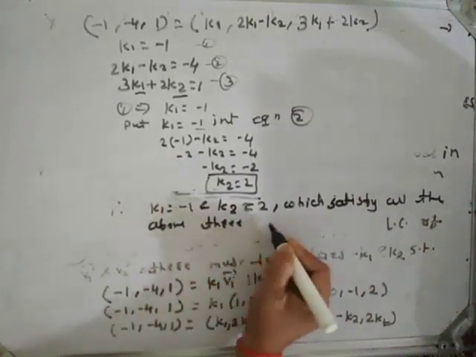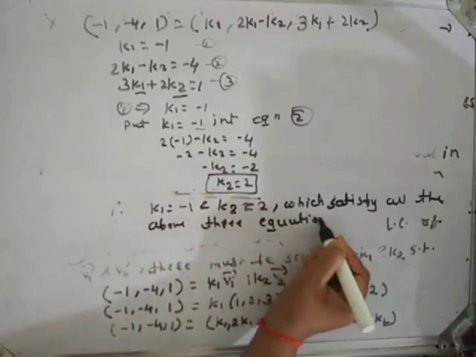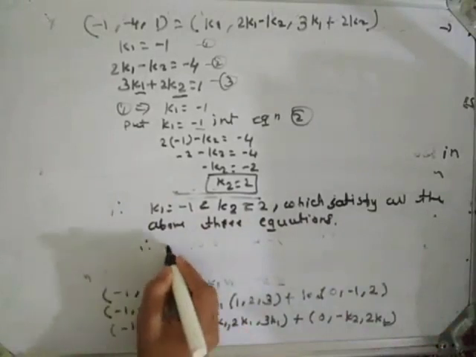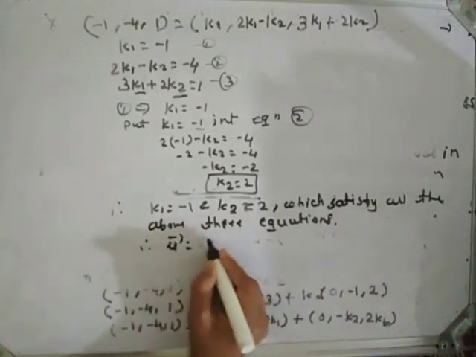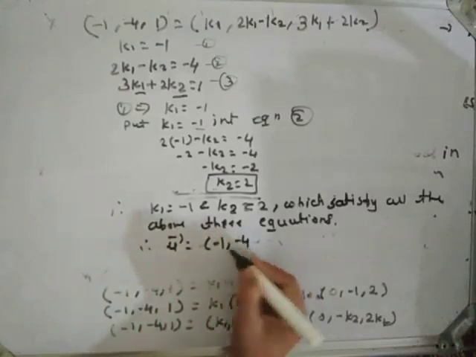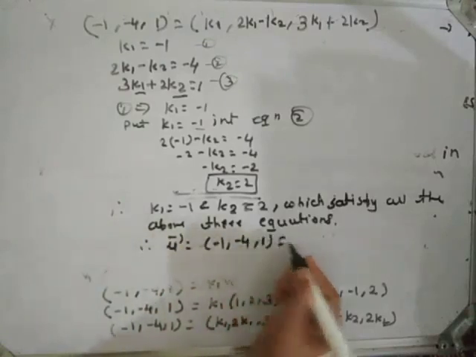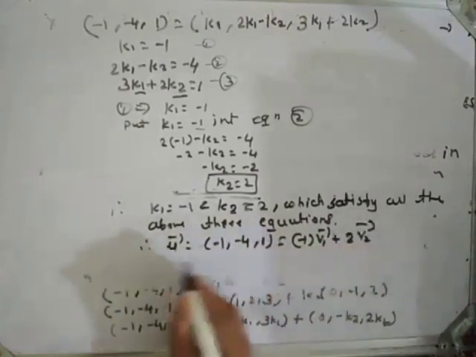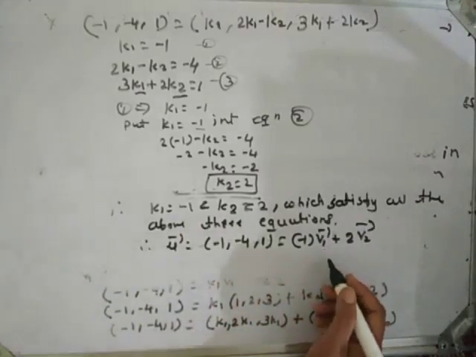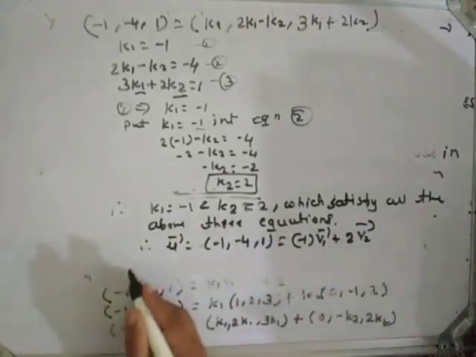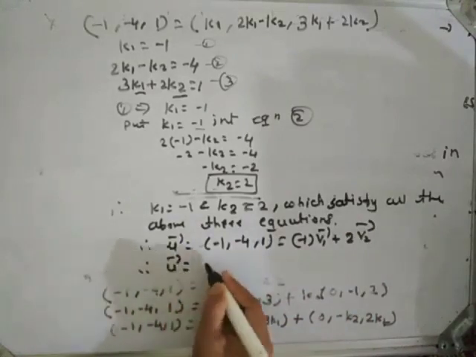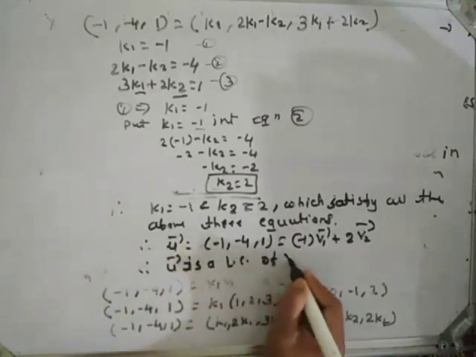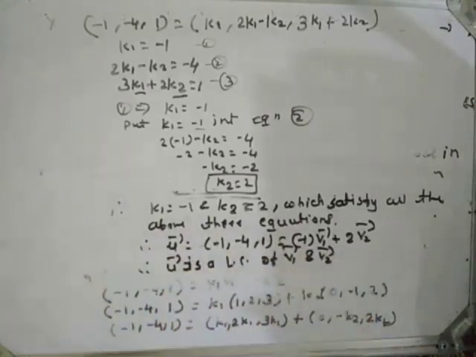Therefore U bar, the vector -1, -4, 1, is equal to -1 into V1 bar plus 2 into V2 bar. Means what? U bar can be written as a linear combination of V1 bar and V2 bar. Therefore U bar is a linear combination of V1 bar and V2 bar. Okay.